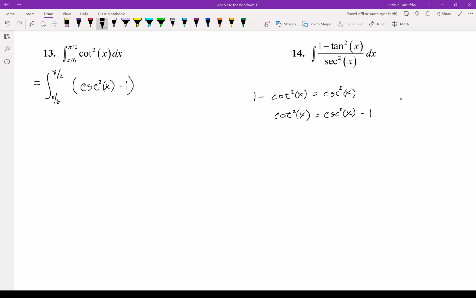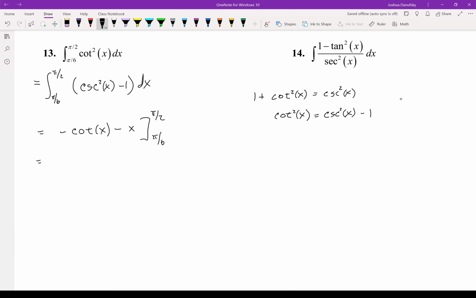And the reason we like this is because we know how to get the antiderivative of cosecant squared. So we've got negative cotangent x, right? The derivative of cotan x is negative cosecant squared. So I think we're good there. Minus x, and that's evaluated from pi over 6 to pi over 2.